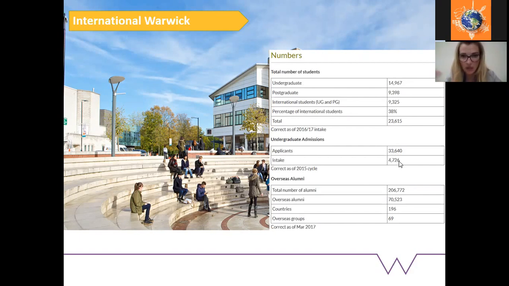So that's how popular Warwick is. That's how many students applied and how many students got in. You can see the total number of alumni is about 200,000. Overseas alumni 70,000, and 196 countries. So that's some statistics for you.